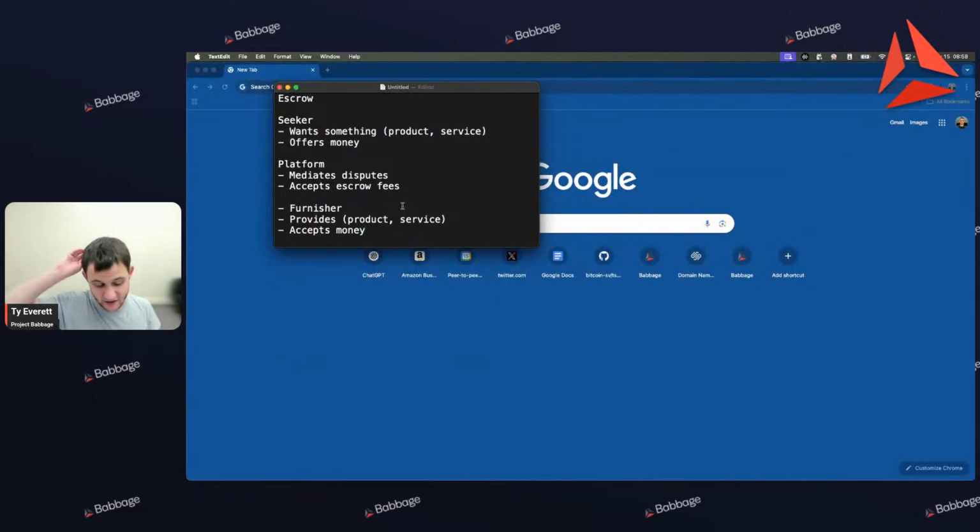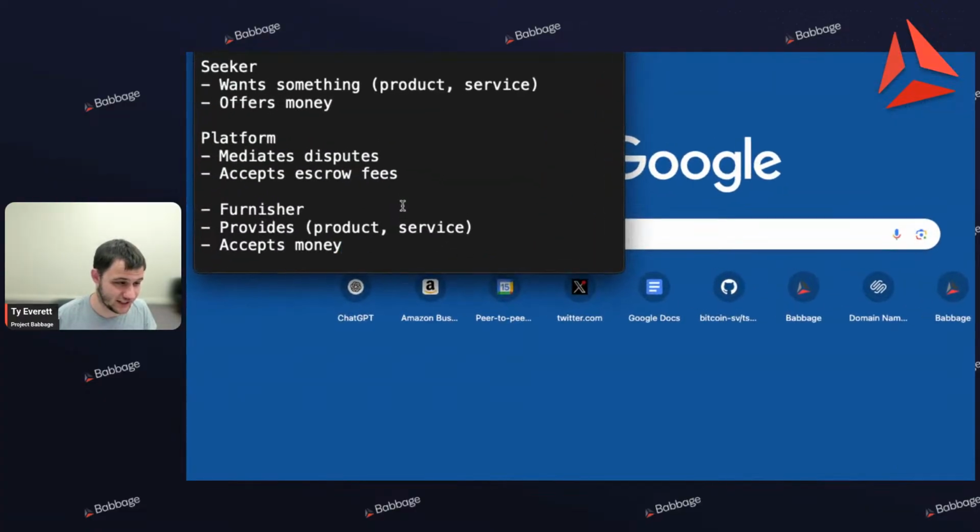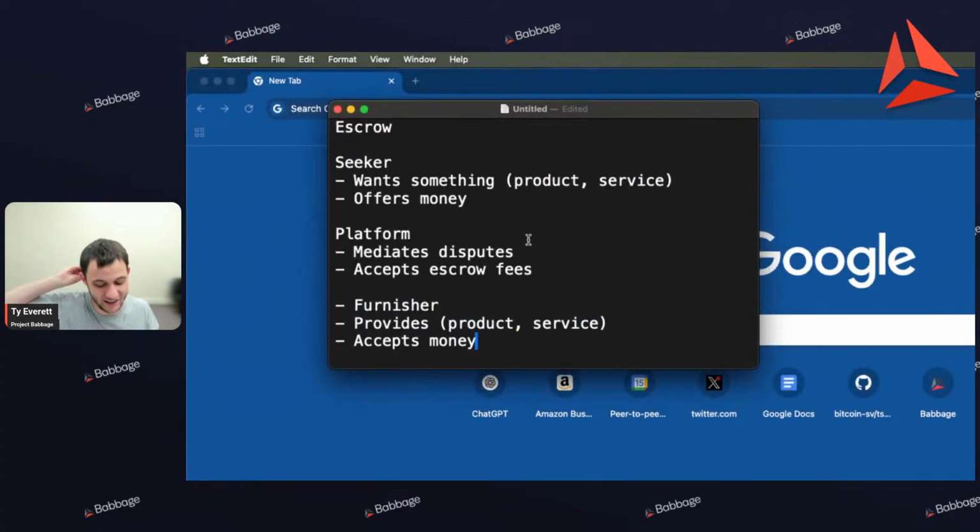When I think about the ideal user experience of an escrow system, I think of the models for each of these three entities, and then I think of the things that each of them can do as they interact, so that they can coordinate an effective escrow system.